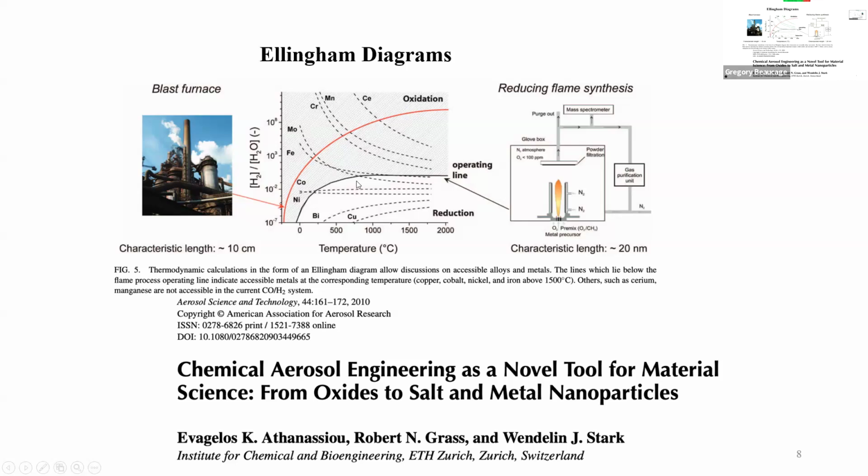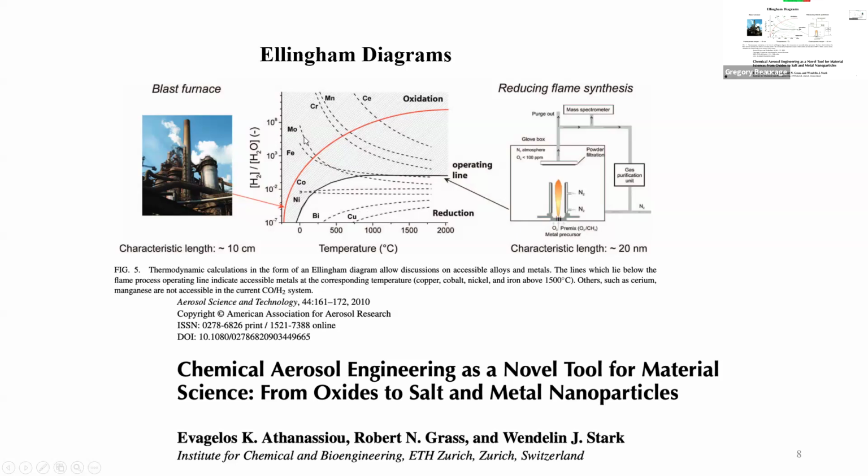So what could possibly be made from that? You can make copper, bismuth under some conditions. These flames are typically going to be like 2500 C, so 1500 is easy to get in this kind of setup. So basically these metals down here, you can make, and above that operating line, you make oxides, right? So then you can't get the ground state metal.